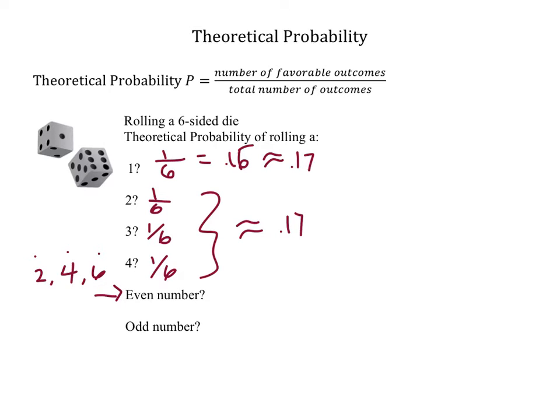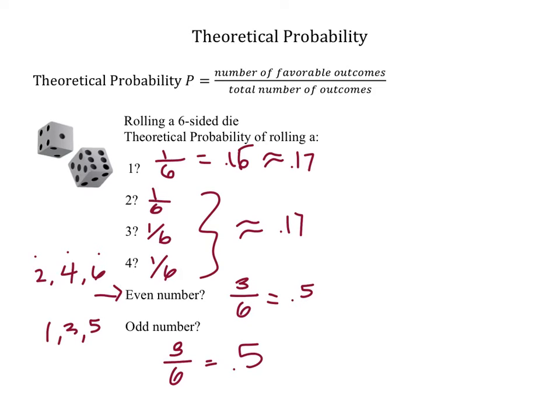So the probability of rolling an even number is 3 over 6, which is 0.5. I have a 50% chance of rolling an even number. Same goes for odd numbers. These are just 1, 3, and 5. So this will again be 3 over 6, which is 0.5.